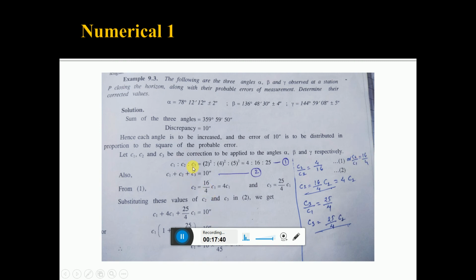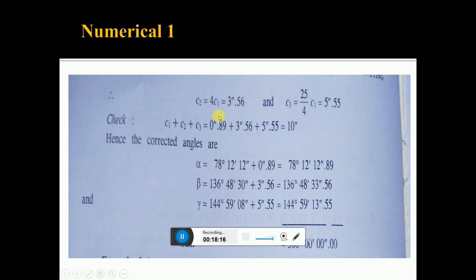Then I can write C3 upon C1 is equal to 25 by 4, so C3 is equal to 25 by 4 C1. After expressing C2 and C3 in terms of C1, substitute these values in equation number 2 and solve. You will get C2 is equal to 4 C1, C3 is equal to 25 by 4 C1.